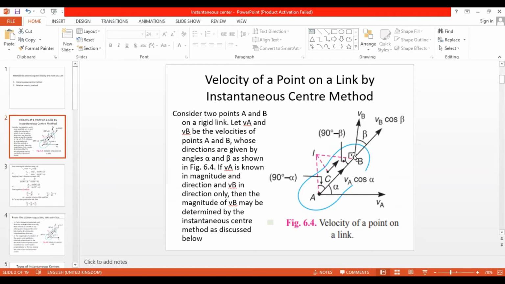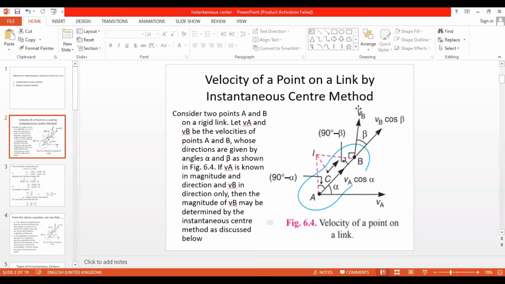And this is the point B, and here we have the velocity VB in this direction.